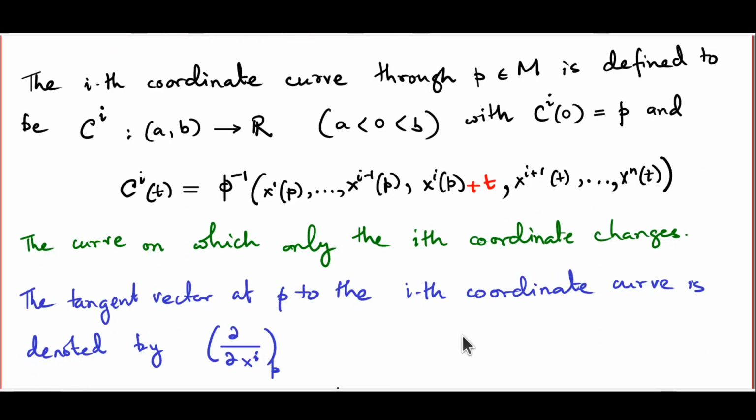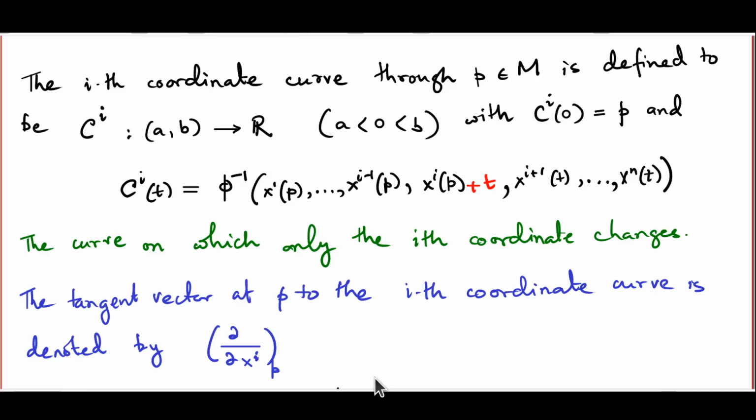And what we do now is to denote the tangent vector at P. Remember, this curve, of course, passes through P. If you put in t equal to 0, you are going to get the coordinates of the point P here. So phi inverse acting on that takes you back to the point P. And the tangent vector at P to this ith coordinate curve is denoted by something which looks very similar to a partial derivative symbol that we used in first year in college.